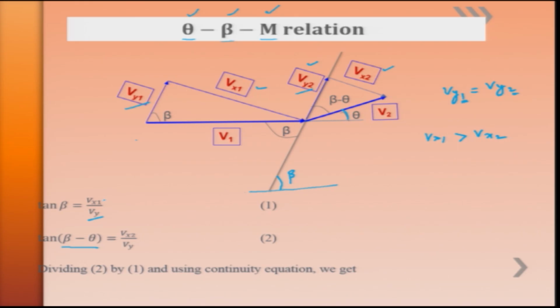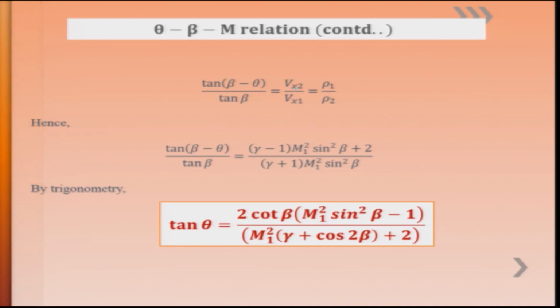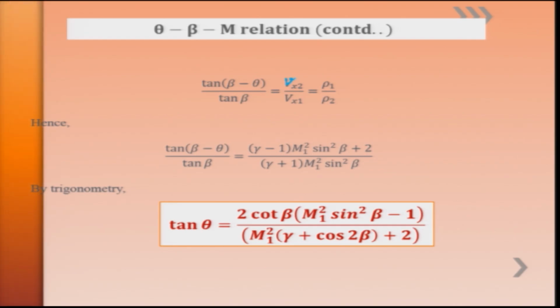Using these two relationships, that is, dividing one by the other and subsequently using the continuity equation, I can write down further that tan of beta minus theta upon tan beta is nothing but Vx2 upon Vx1. Using the continuity equation, I can directly write this as rho 1 upon rho 2.